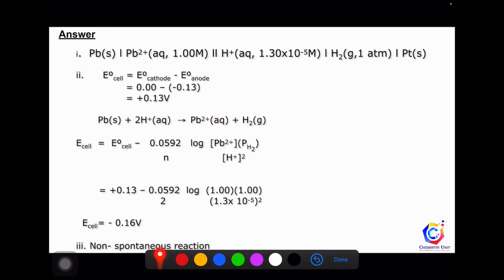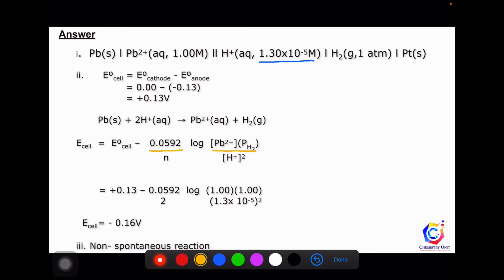The next question requires you to calculate the E cell for this reaction. From the question, it is clear that the reaction is occurring at non-standard condition. Therefore, you have to use the Nernst equation to calculate E cell. That would be E cell equals to E naught cell minus 0.0592 divided by N multiplied by log concentration of products divided by concentration of reactant raised to its power.